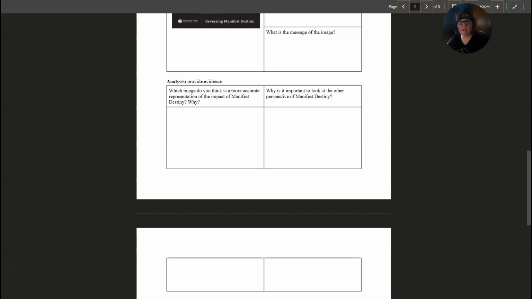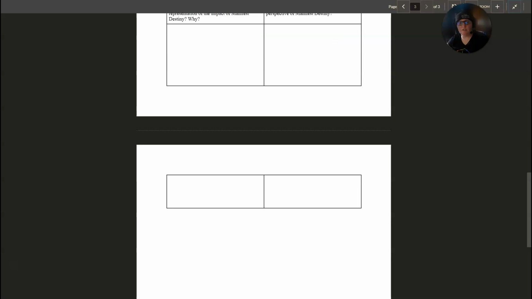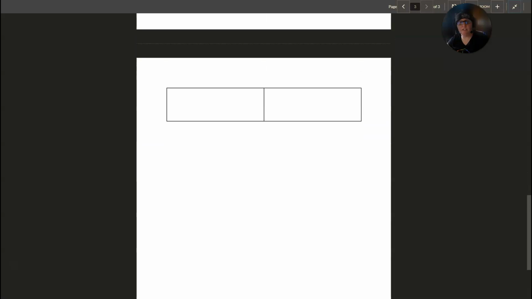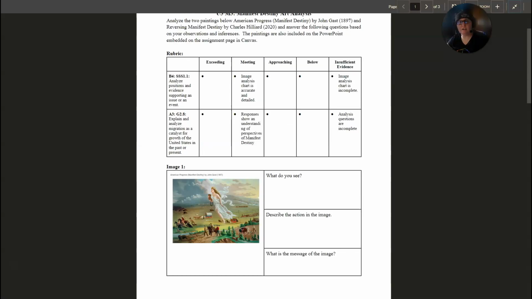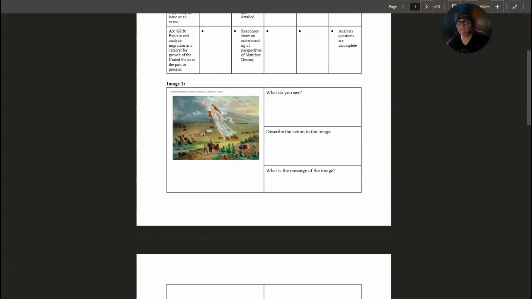As long as you're not talking about space aliens attacking the pyramids or something similarly silly and off task, if you give me lots of good detail and show me you understand it, you're going to be good to go on those questions. As you'll see, there's nothing else on this page. So that's our graphic organizer.